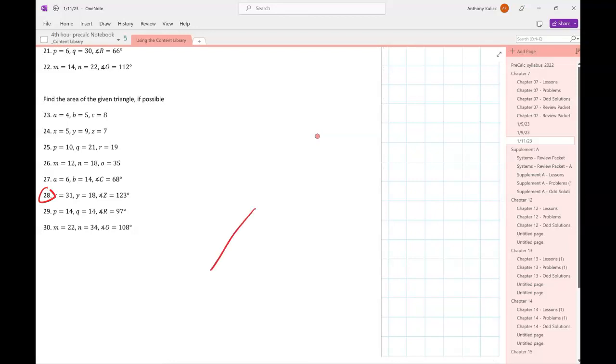So I'm going to start by drawing a picture so I can tell which situation I'm in. I can tell this is a side angle side situation.